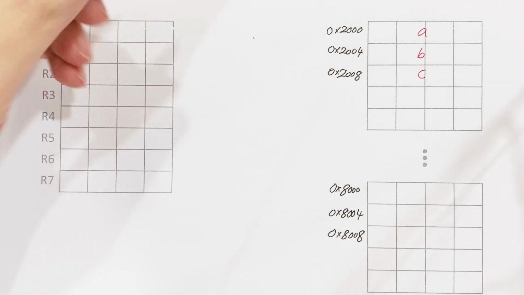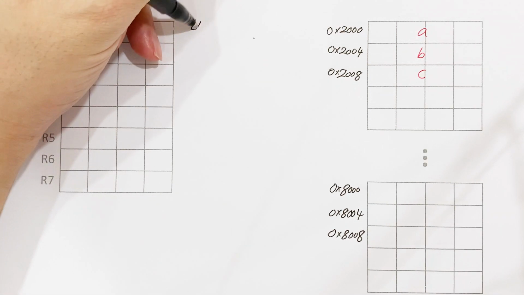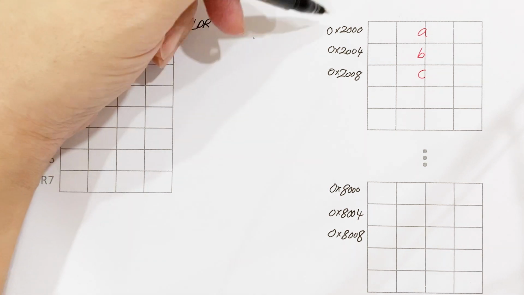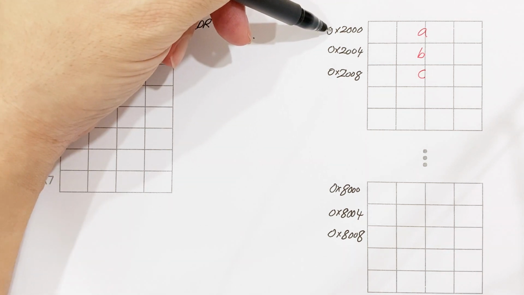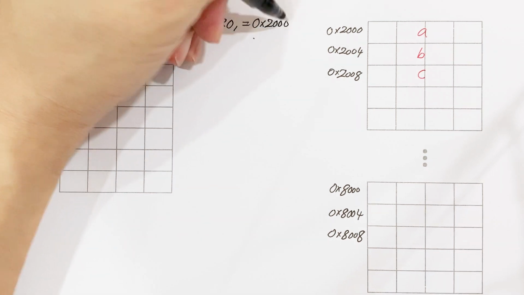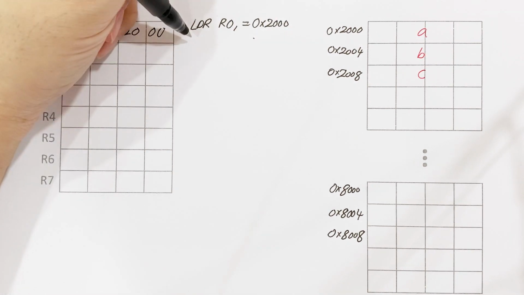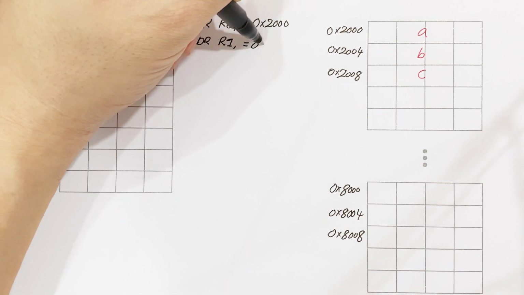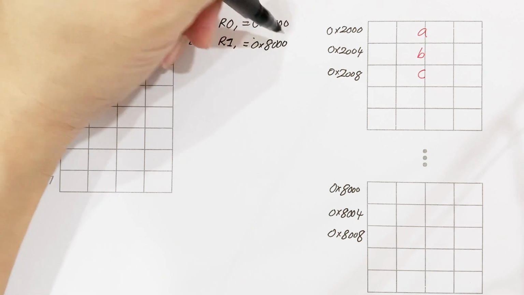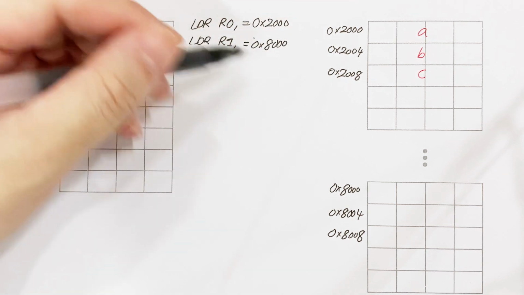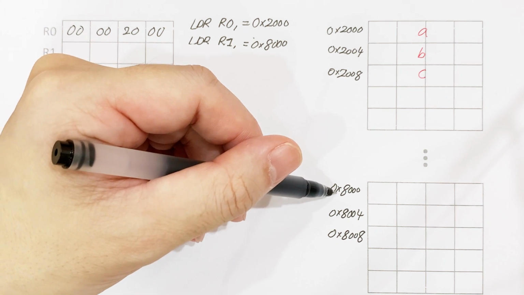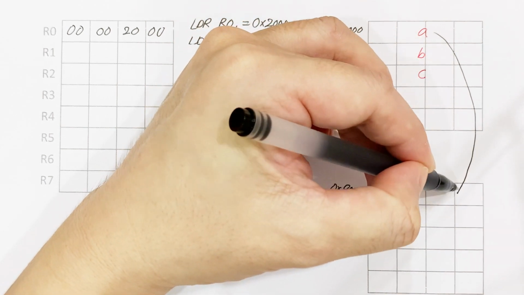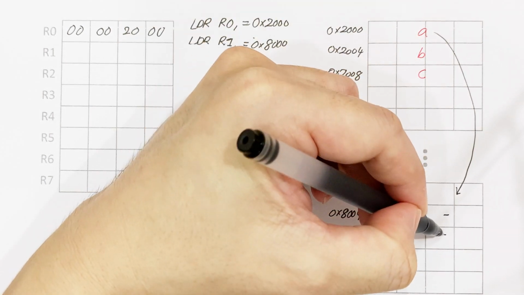So we begin with the initial value that we need to put into register 0 as the address pointer to 2000, and also initiate register 1 with a value of 8000 that we're going to use as the address pointer for the destination of the memory where we need to duplicate A, B, and C to.